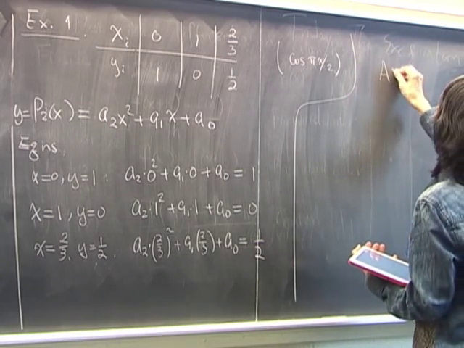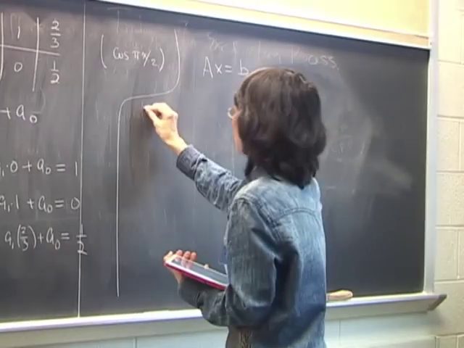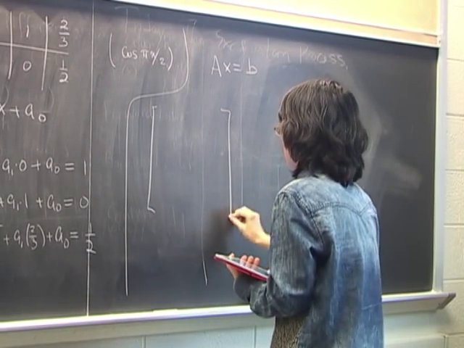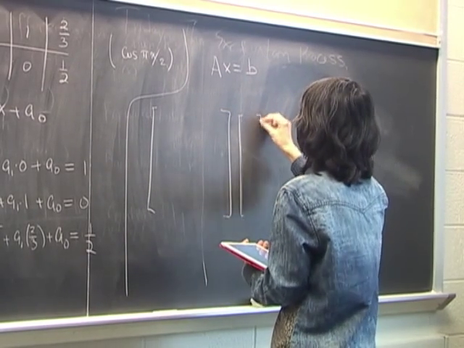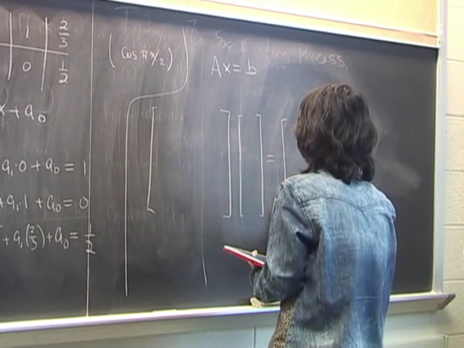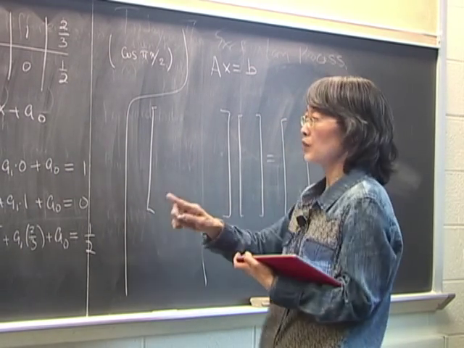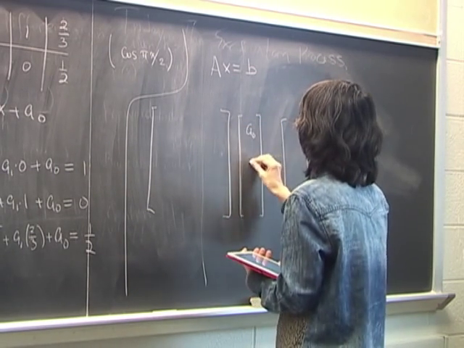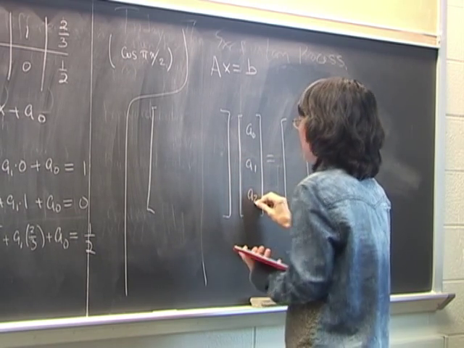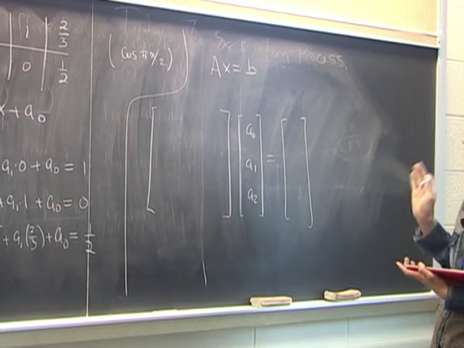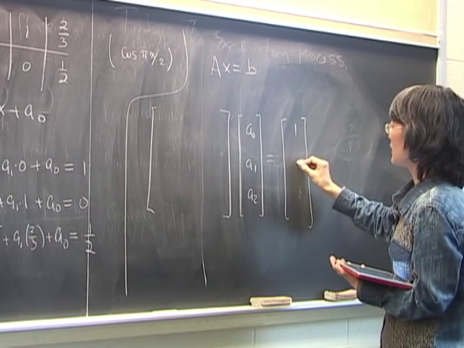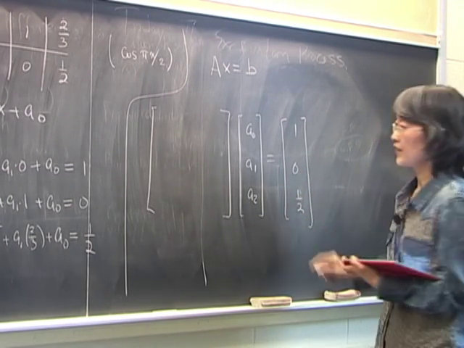So, Ax equals b. Okay, let's draw this matrix. And the x is the unknown, and the right-hand side is b. Are we okay? So now my x here is a0, a1, a2. It doesn't matter. I could have put a2, a1, a0. It's okay. So the right-hand side is 1, 0, and half.